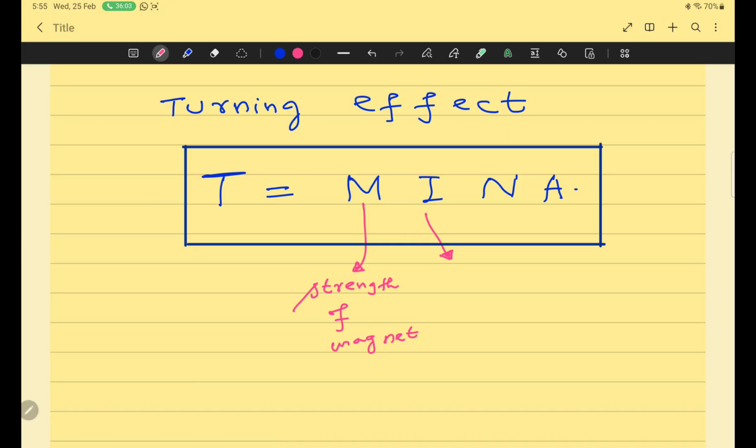Its speed can be controlled by current. If you increase the current, the motor will run fast. If you decrease the current, the motor will turn slow. So current is the tool by which we can control the speed of the motor. Sir, what is N? N means number of turns of coil.